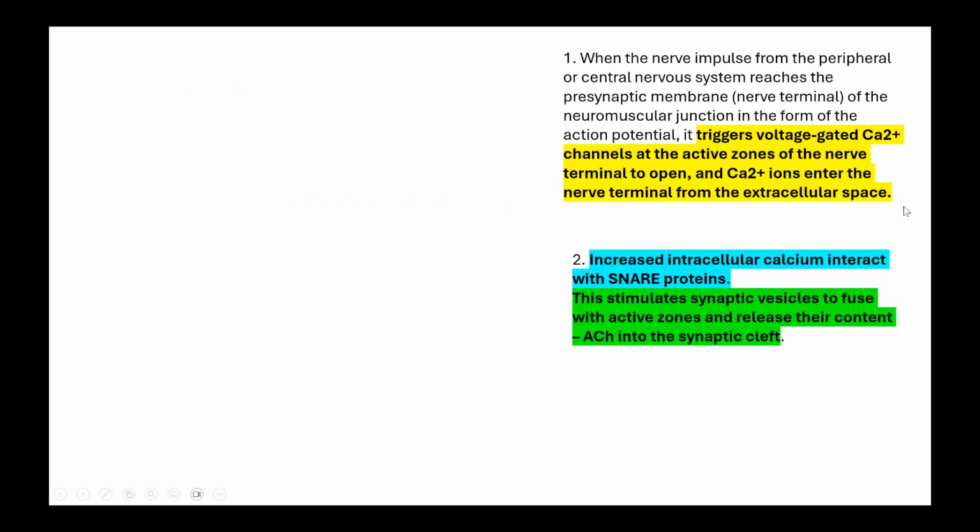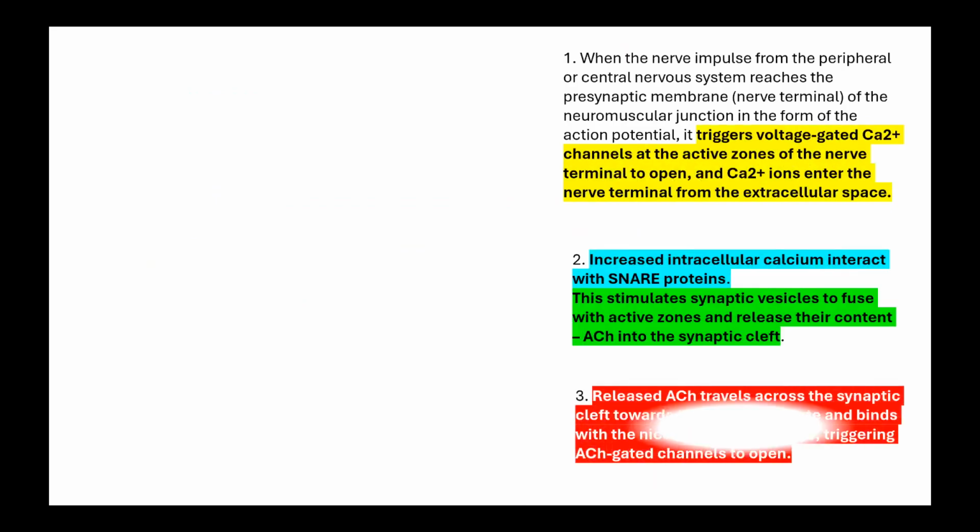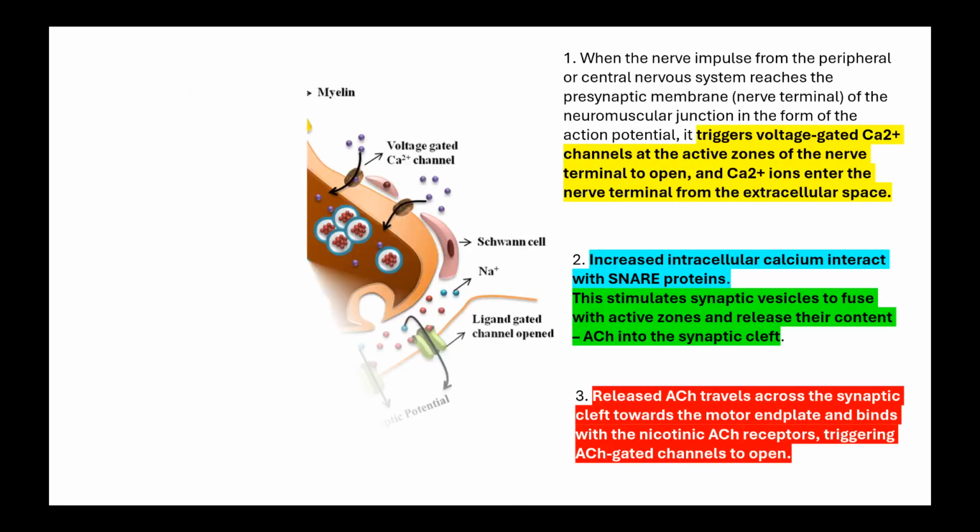The first step is the nerve terminal opens, and calcium ions enter the nerve terminal from the extracellular space. Then the increase in intracellular calcium interacts with SNARE proteins, which are responsible for fusing the acetylcholine vesicle to the membrane at the synaptic cleft. The released acetylcholine travels across the synaptic cleft towards the motor end plate and binds with the nicotinic acetylcholine receptors.